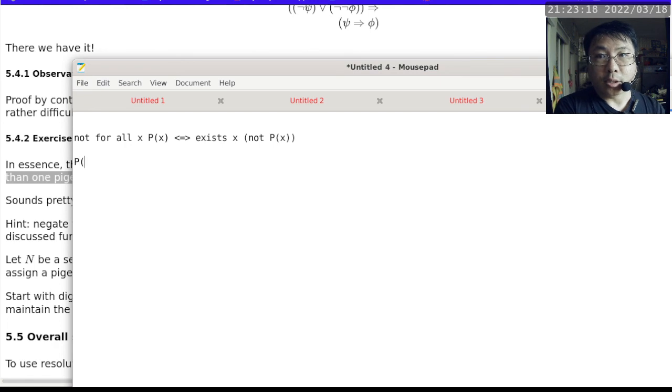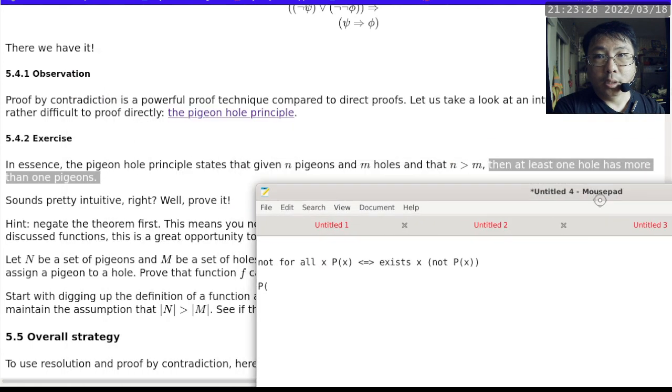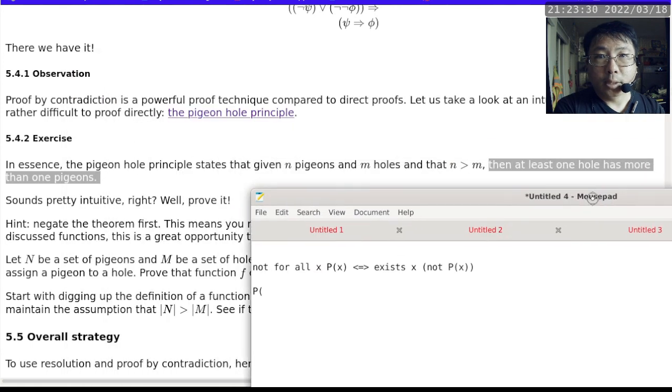What we are talking about here is pigeonholes. So we can say at least one pigeonhole has more than one pigeon.